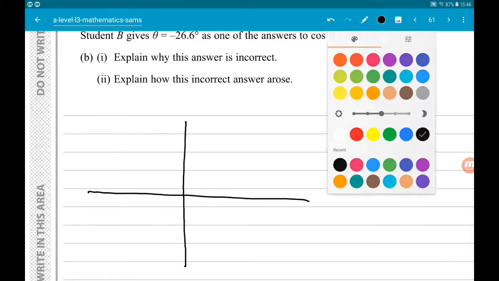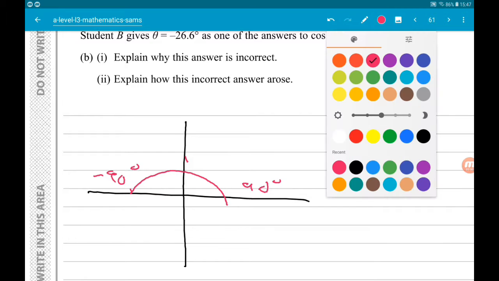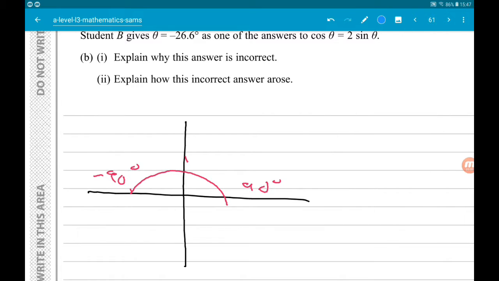So in our interval, cos is going to look like that, between minus 90 and 90, and then 2 sine theta is going to go between minus 2 and 2.